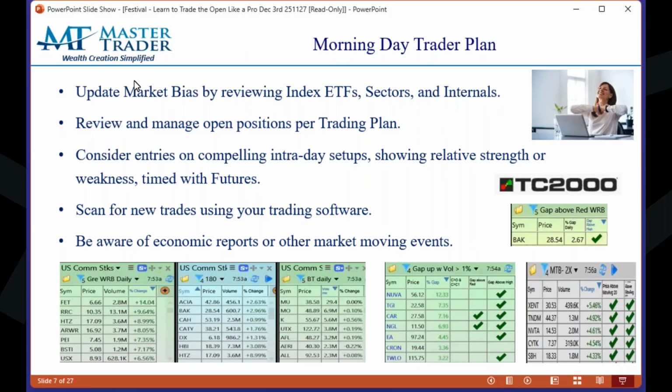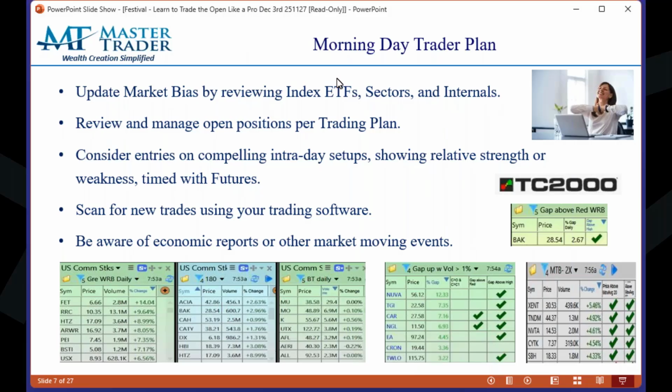Within the first 30 minutes, I'm constantly updating my market bias by reviewing what I call the four horsemen. I told you I have 6 screens. So one of my screens on the bottom right, I have the four horsemen, the Qs, the spiders, the diamonds, and IWM.